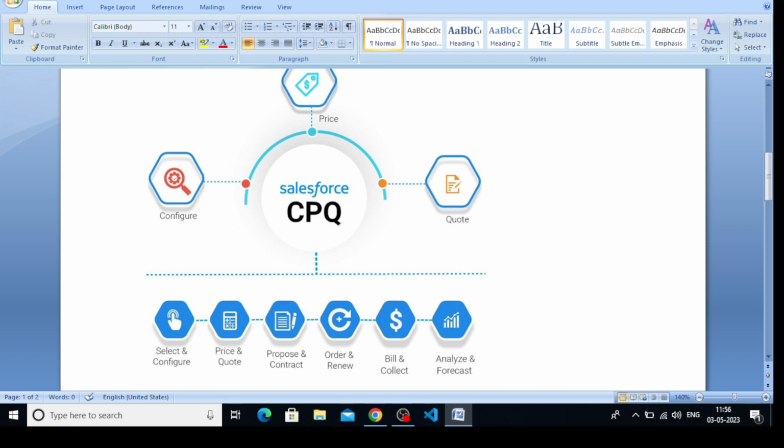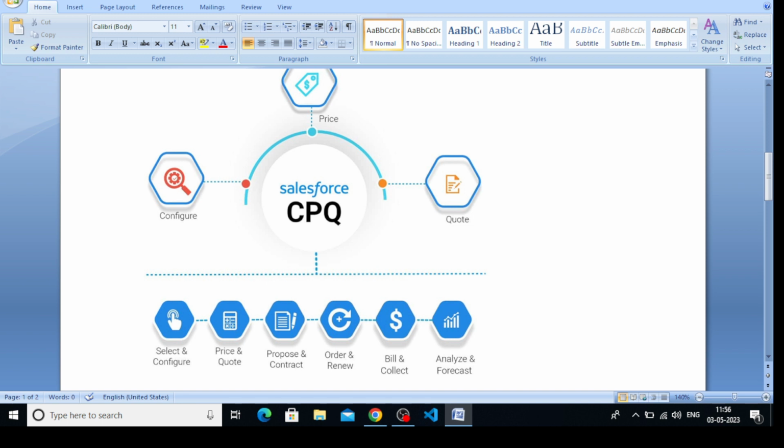For that quotation, Salesforce CPQ provides us a quotation object, which dedicatedly helps us give a quotation to the customer. In this quotation, we have to observe many things. It is not only the customer who needs to be satisfied with the pricing, but also the sales rep and the company need to be satisfied that the price they are offering will generate some revenue for the company.